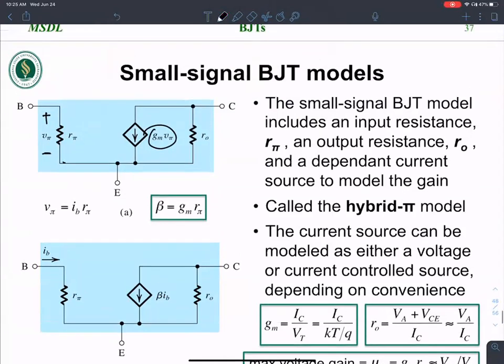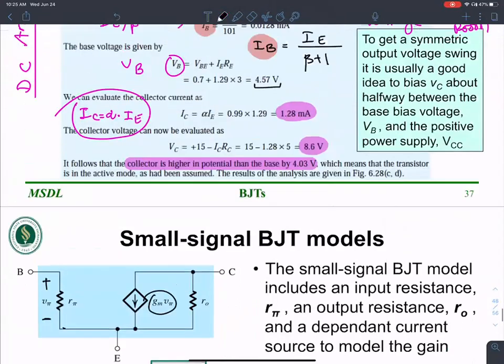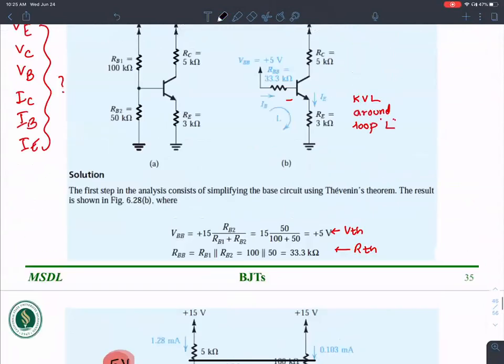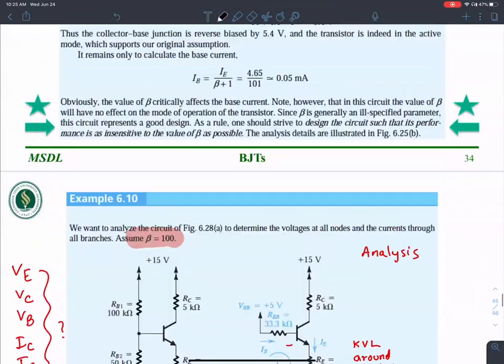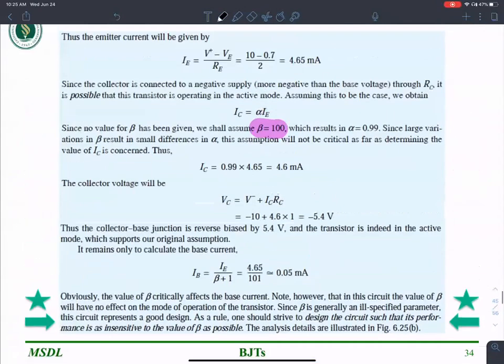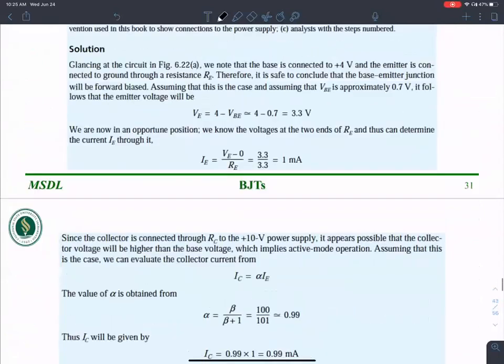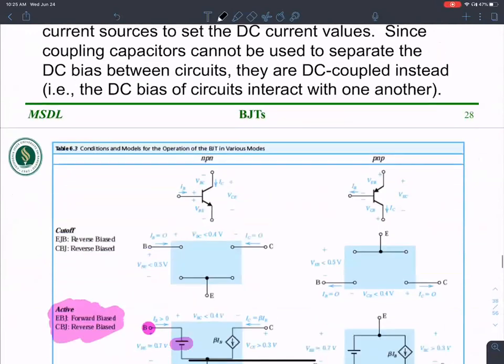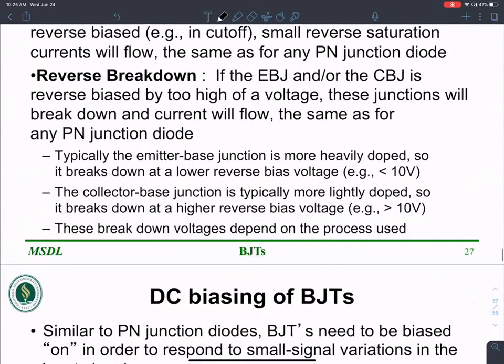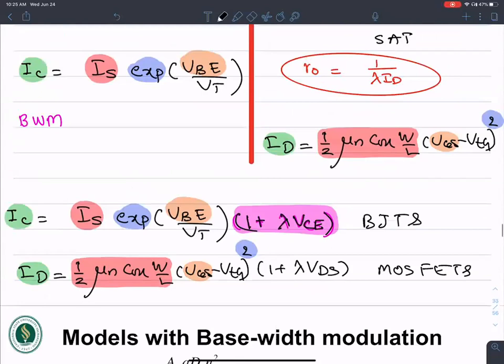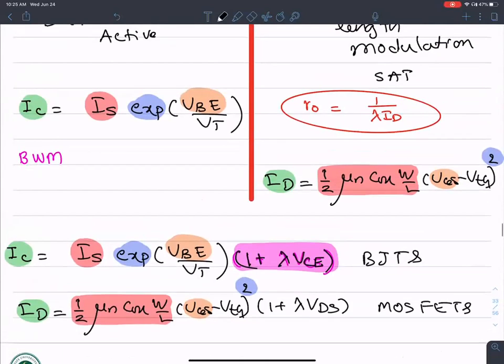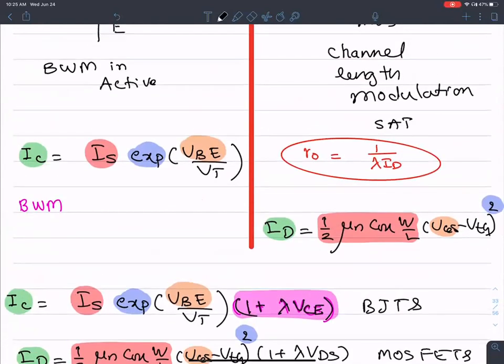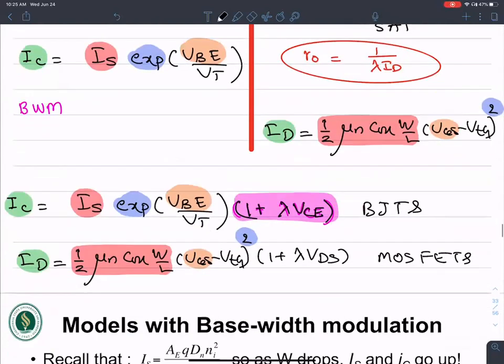Let me go back to the equation really quickly. The current in the collector, please bear with me for a minute while I go back to the equation here. IC is this guy.